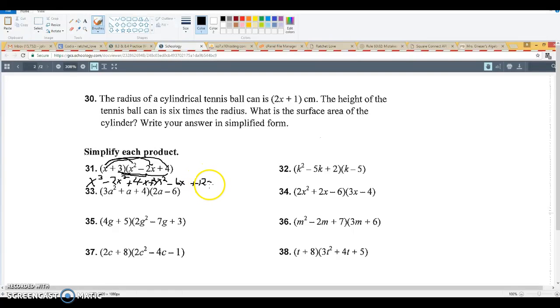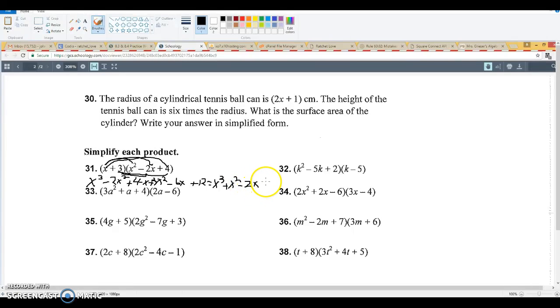And combine like terms, we have x cubed, then negative 2x squared plus the 3x squared gives you positive x squared. 4x minus 6x gives you a negative 2x.